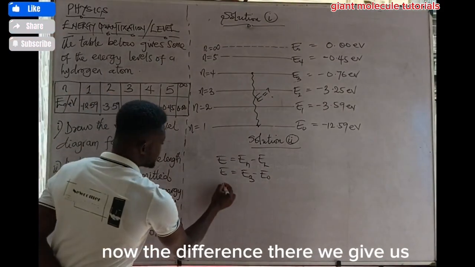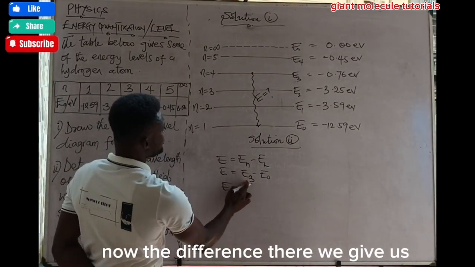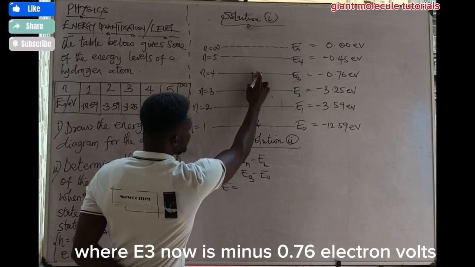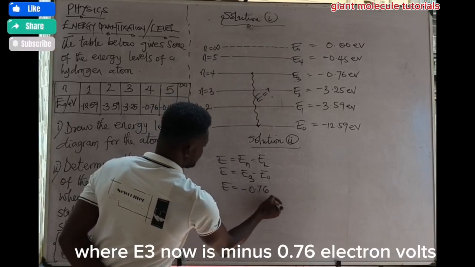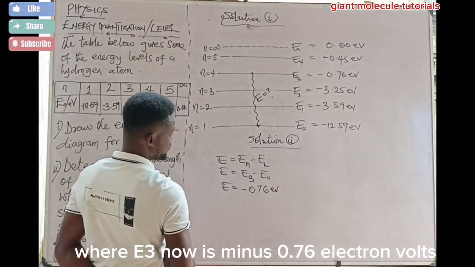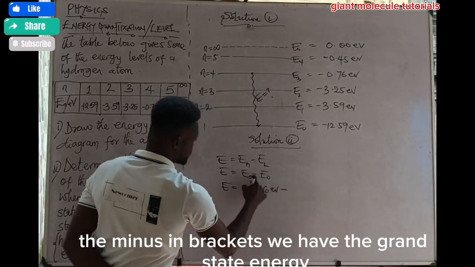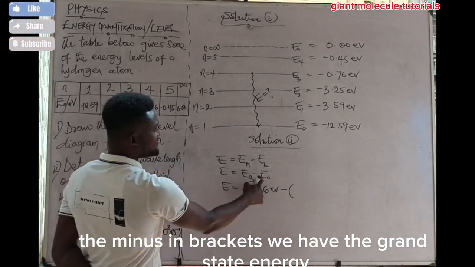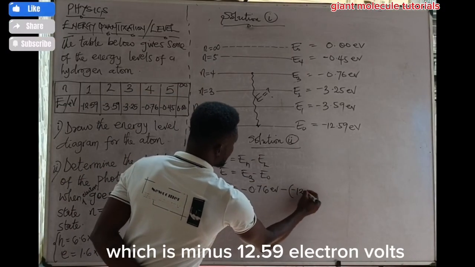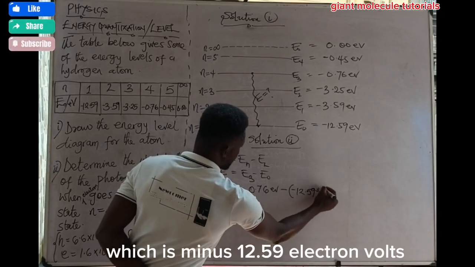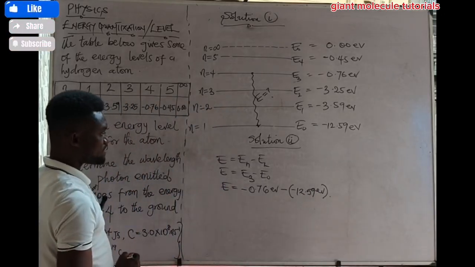We do the substitution, where E3 is minus 0.76 electron volts, then minus, in bracket, the ground state energy, which is minus 12.59 electron volts.